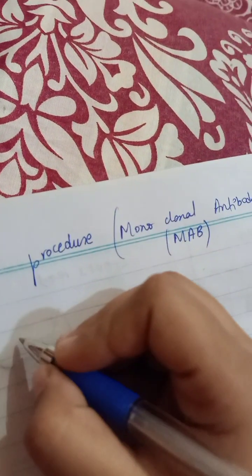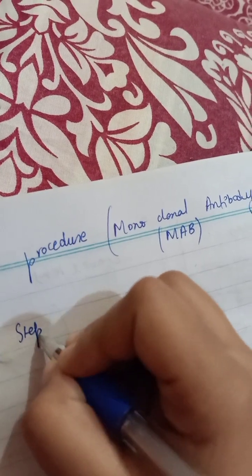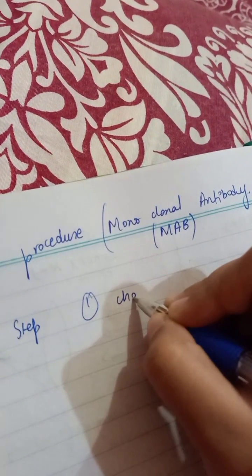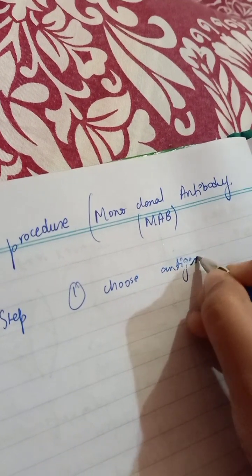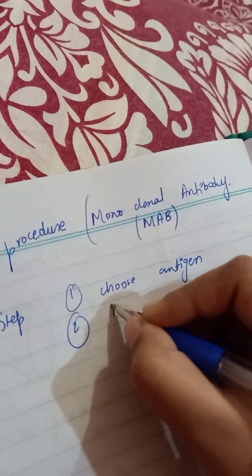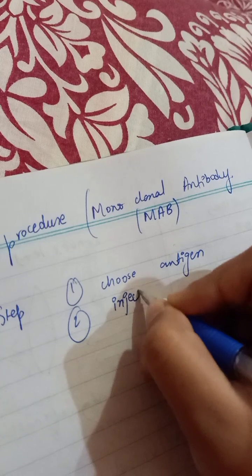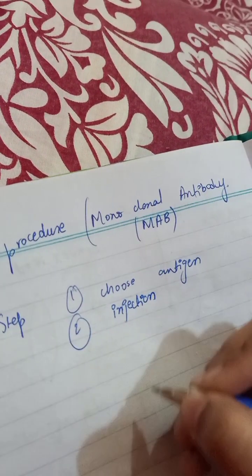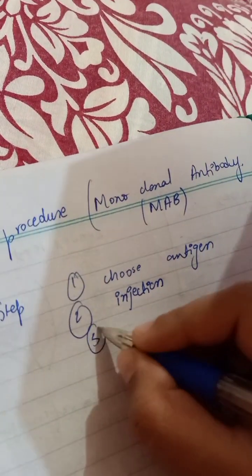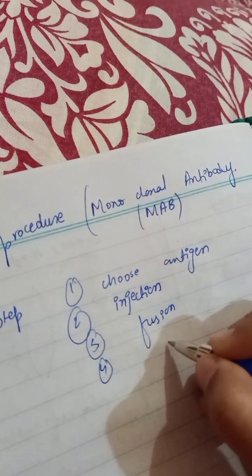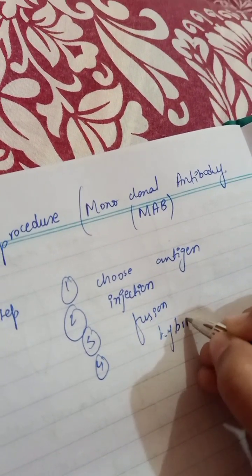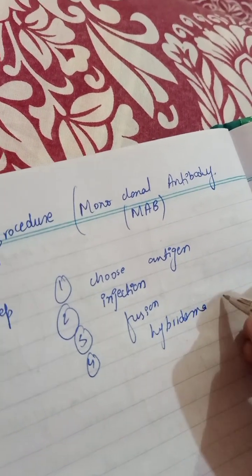So we have 8 steps. First is to choose the antigen or a vector, you can say. Second, we will be giving an injection. Third, the fusion will occur. Fourth is the hybridoma formation.